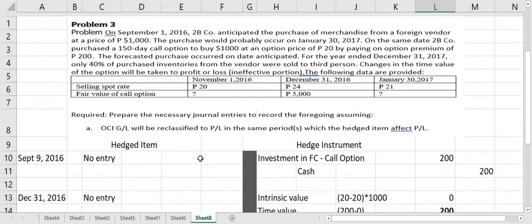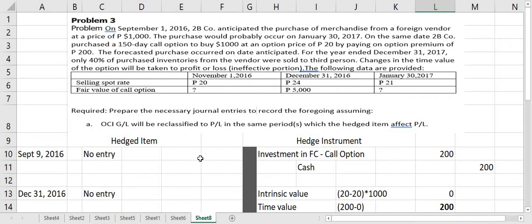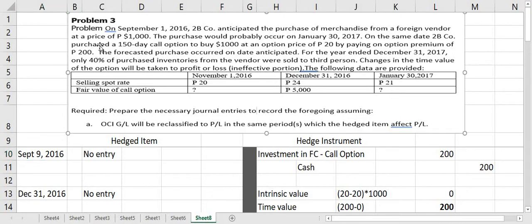Next is problem 3. On September 1, 2016, 2B Company anticipated the purchase of merchandise from a foreign vendor at a price of $1,000. So this is hedging a foreign currency forecasted transaction, effectively a cash flow hedge.